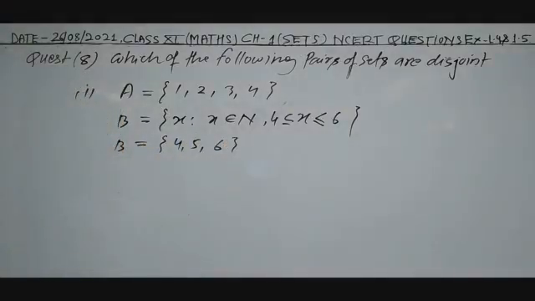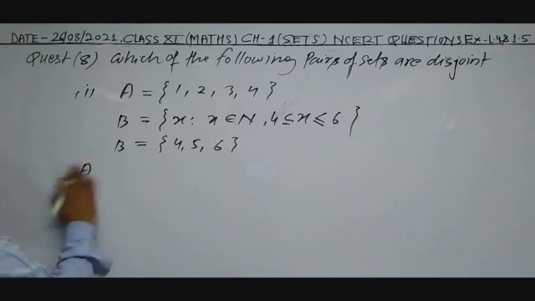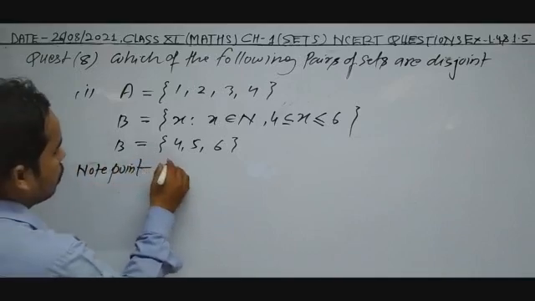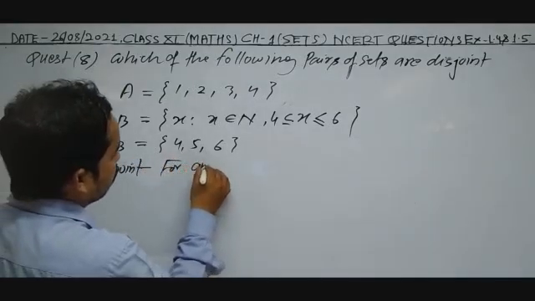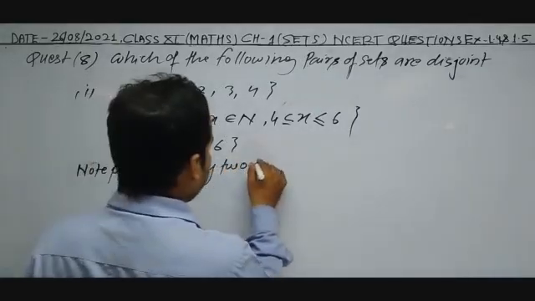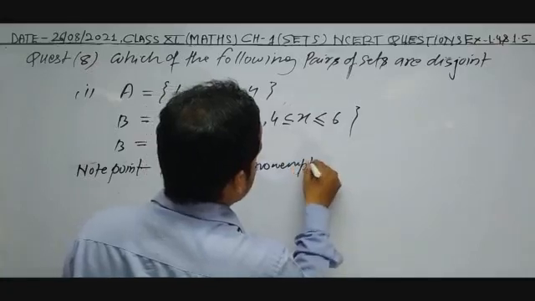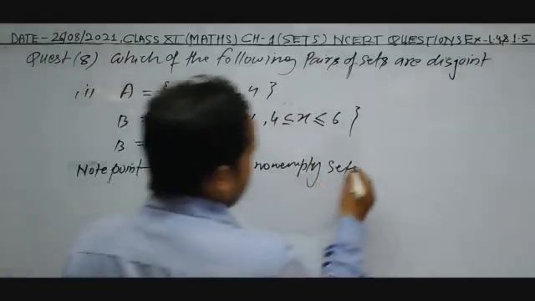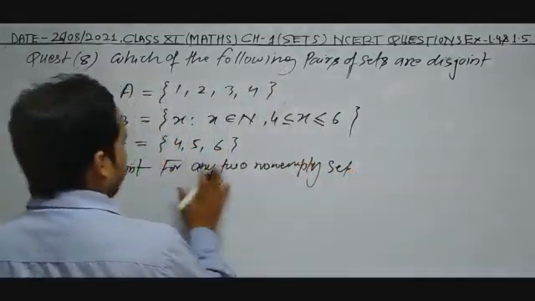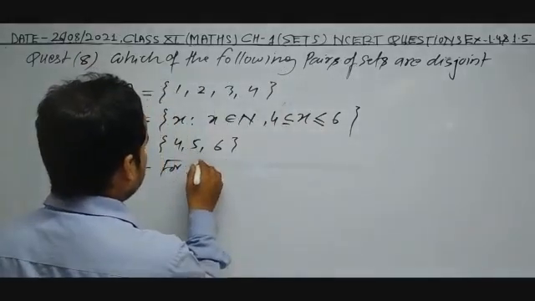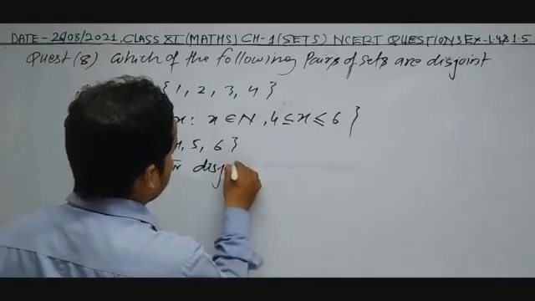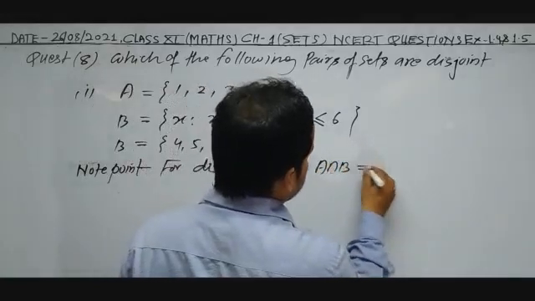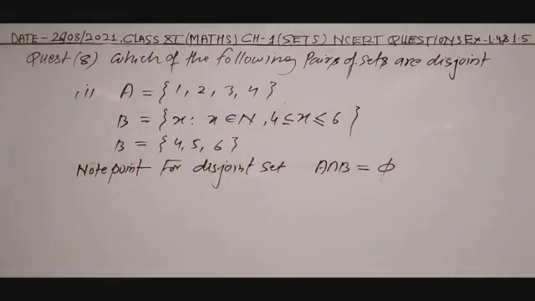And we have to find the intersection of A and B. Note the point: for disjoint sets, the condition is that the intersection of two non-empty sets will be phi.